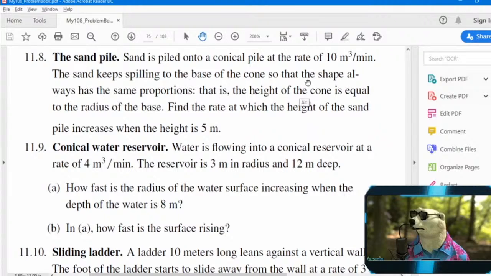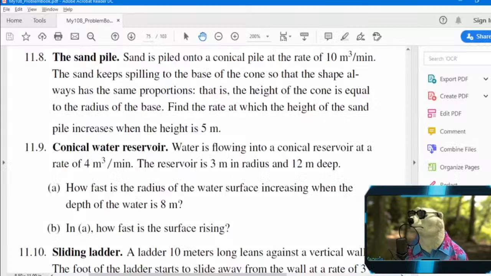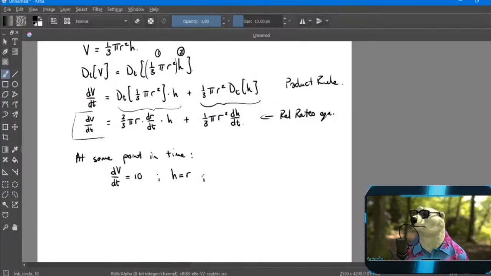Then sand keeps spilling, the shape remains the same. The height of the cone is equal to the radius. So that is to keep things simple. The height is always equal to the radius. It's good to highlight that and see it. And we want to find the rate at which the height of the sand increases. So the rate of change of the height.